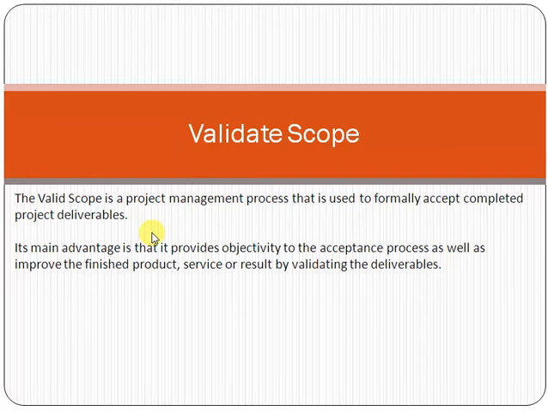You use these as inputs, meaning you use these documents to validate the scope. Once it has been agreed that the deliverables have been successfully delivered to the customer, we will formally accept the deliverables. So this is called the concept of validate scope.